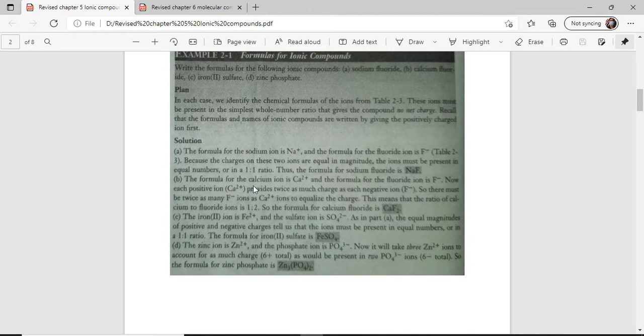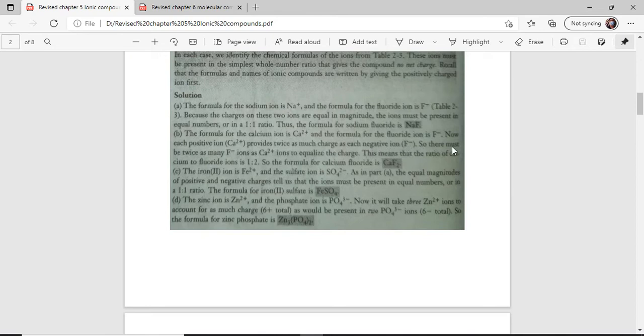Letter B naman. The formula of your calcium ion is Ca2+. It is a cation with a 2 plus charge. And the formula for your fluoride is F minus. Now, each positive ion of calcium needs fluoride para maging 0. Calcium provides twice as much positive charge as the negative charge of your fluoride ion.